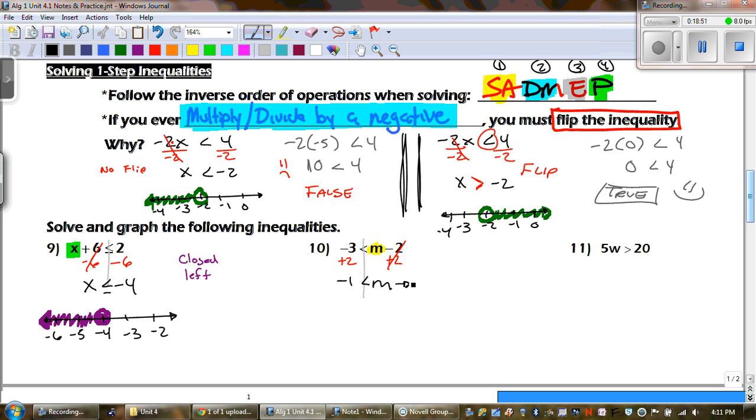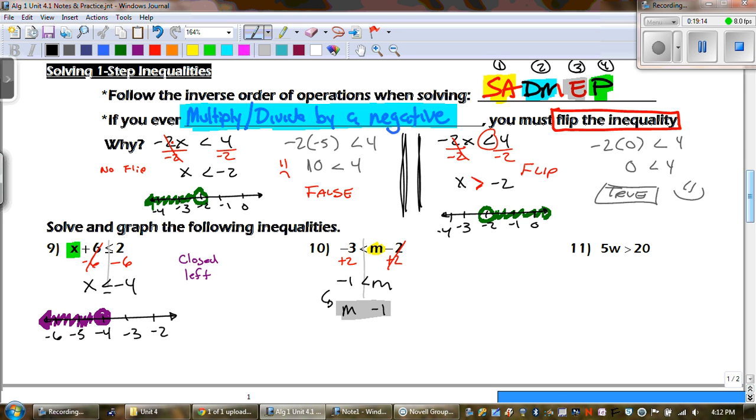So right away, I want to rewrite that. I'm going to bring it down right below it. So when we rewrite that, I want the m and then the -1.